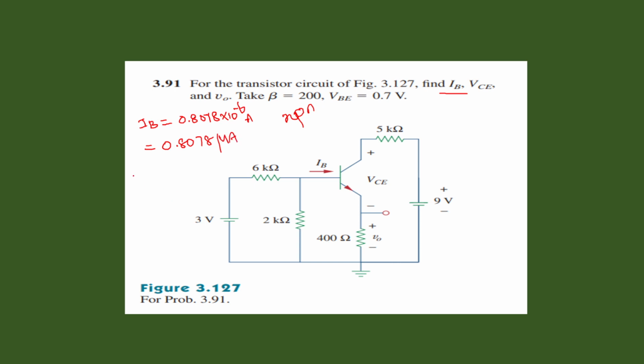The second question is what is VCE value, right? So we got the VCE value, 8.345 volts. V naught is 0.0487 volts. Okay, so three answers we have. So we have got all the three answers.